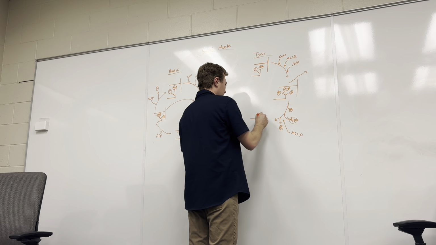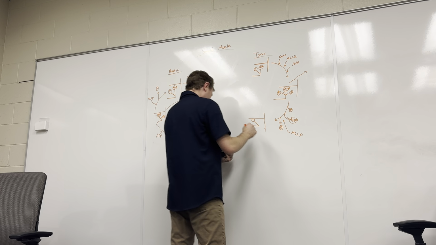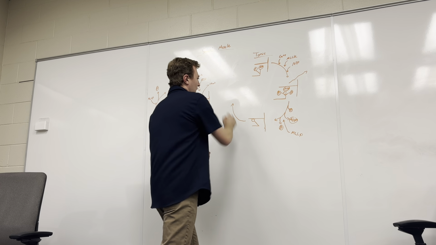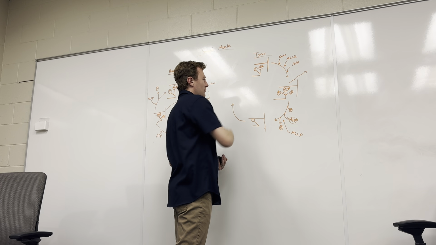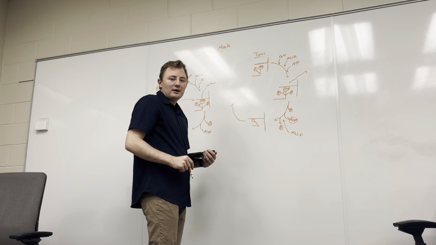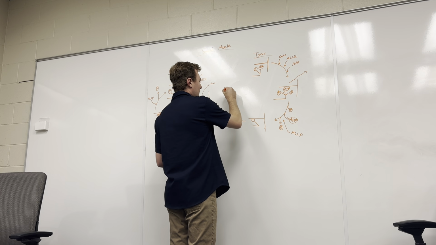And so now we have our power stroke, we're in the uncocked position, but then, so we have no phosphate here. We can't go back to this step over here because we don't have a phosphate. So that's what's different about the tonic cycle, is we can't go back through this cross bridge because we don't have that phosphate.